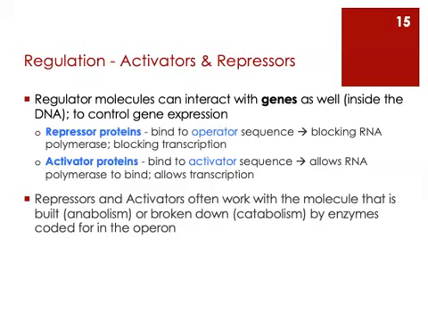Remember, there are protein coding areas on a gene, and then there are regulatory areas on a gene. So activator proteins and repressor proteins are going to come in at this point and literally bind to the regulatory regions of the gene in order to control the transcription of that gene, in order to either upregulate transcription or downregulate transcription.